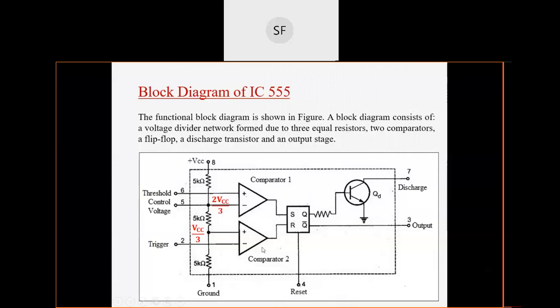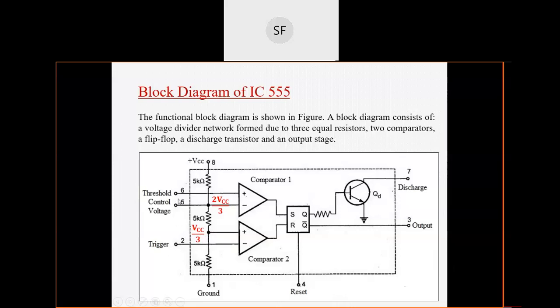Then comparator 2 again has two inputs. The non-inverting input is fixed to the VCC by 3 point. There is no external connection, it is only internal. But the inverting terminal is your pin number 2, that is the trigger input.